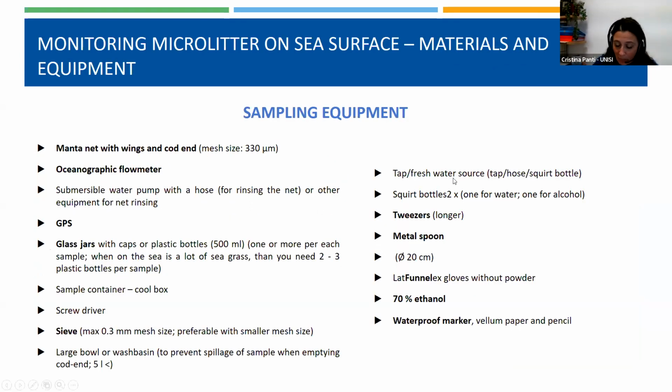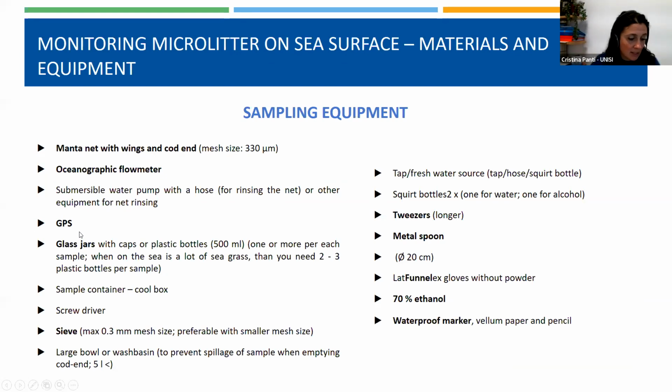Regarding the sampling equipment, you need more specific equipment. On top of them, the manta net with the wings and mesh size of 330 micrometers, the flow meter.